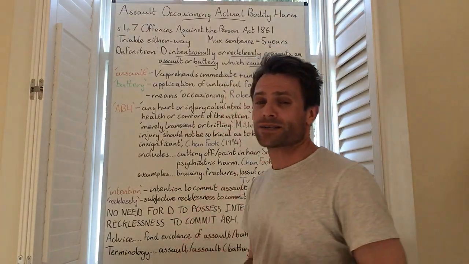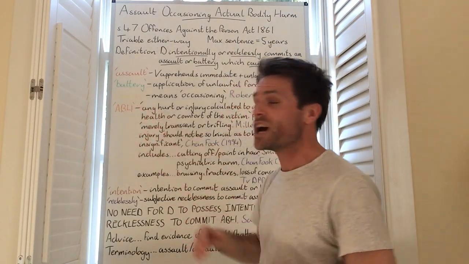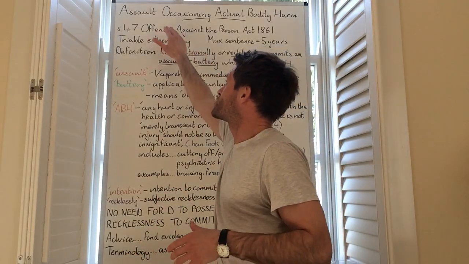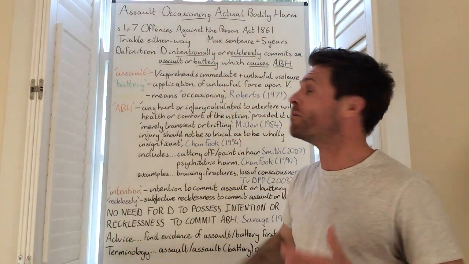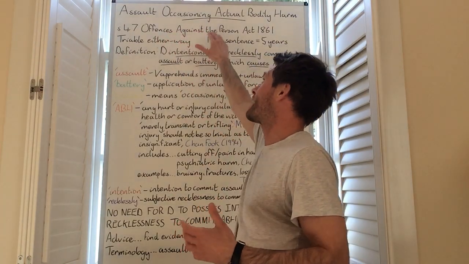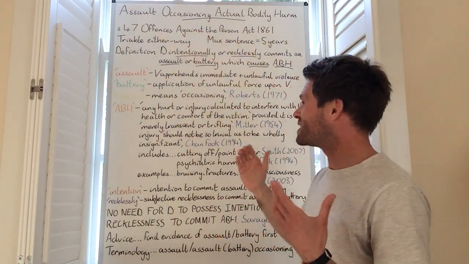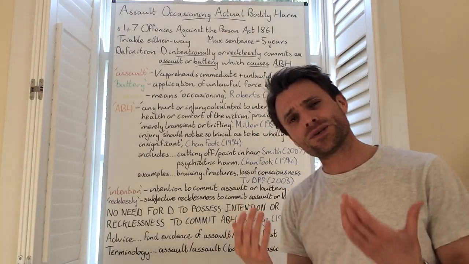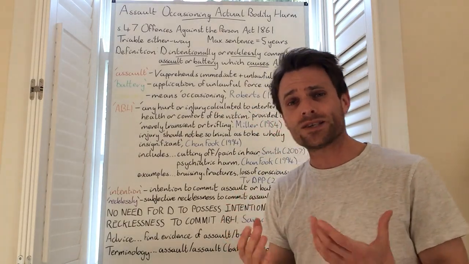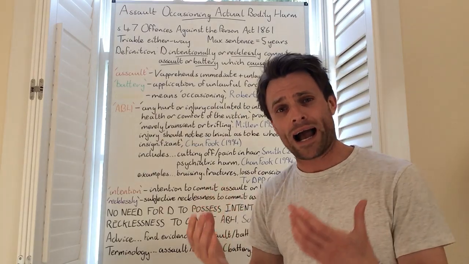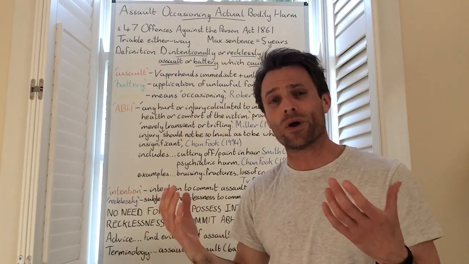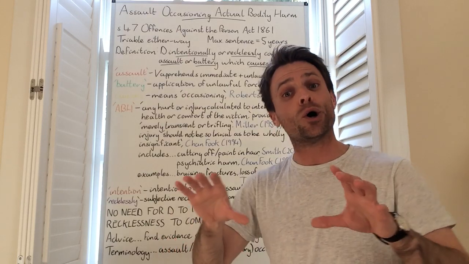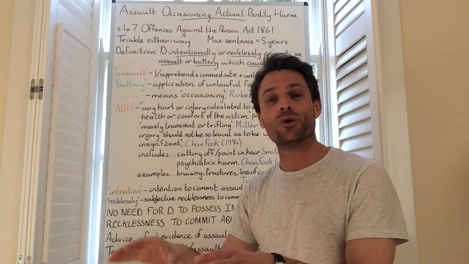The next Actus reus element is the word causes, which quite simply means occasioning. Hence, assault occasioning actual bodily harm, assault causing actual bodily harm. This was determined by the case of Roberts in 1971. The victim was a 21-year-old woman who happened to get into a car with a stranger at 3 a.m., a pretty stupid thing to do, in order to get from one party to another.